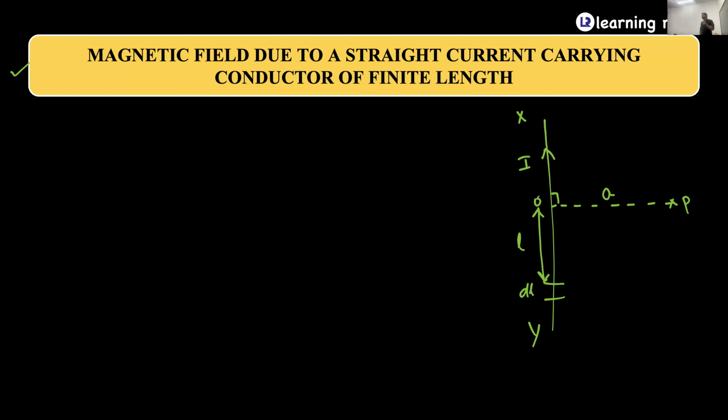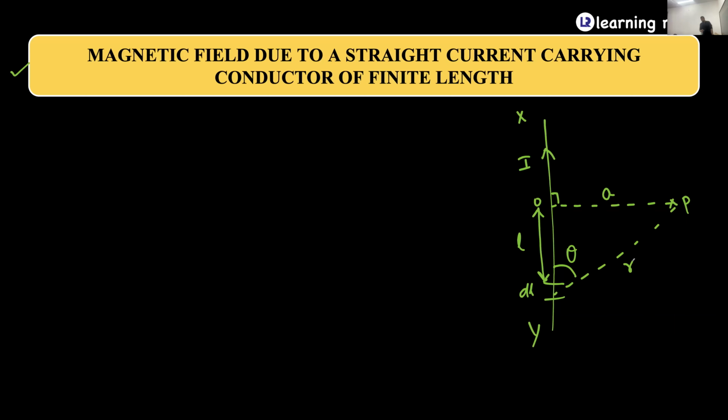So what are all the parameters that we need to define the magnetic field due to this current carrying element? One is I need its thickness, because the formula is I dl sin theta divided by 4 pi r square. So mu naught I dl sin theta divided by 4 pi r square. So I is known, dl we have assumed, right? We need sin theta and the distance from this current carrying element to the point P. So for us to get sin theta, what I will do is from here, I will take this distance to be r and this angle to be theta.